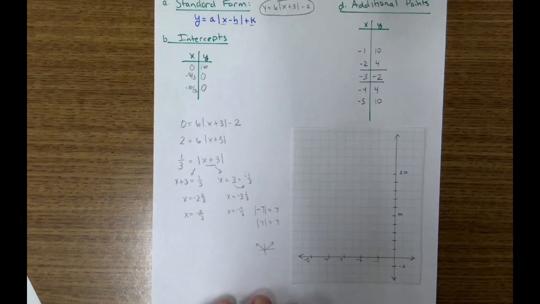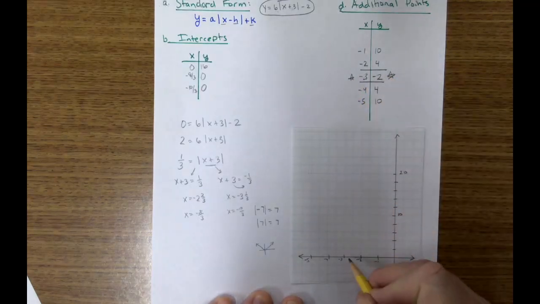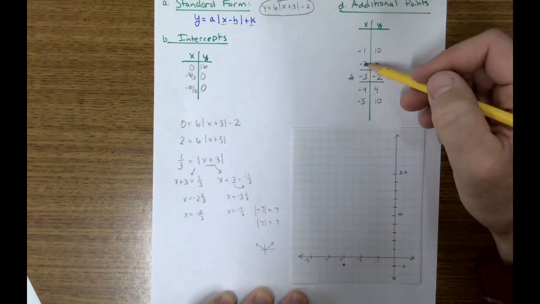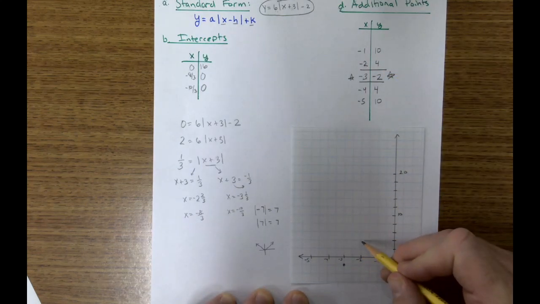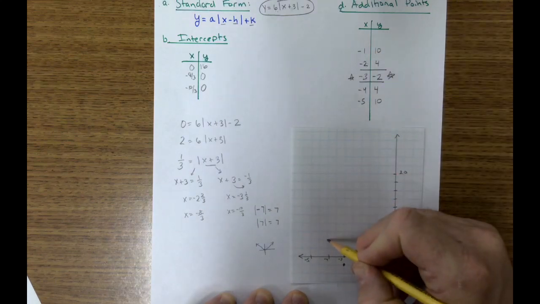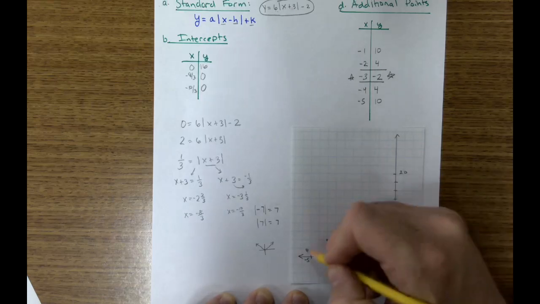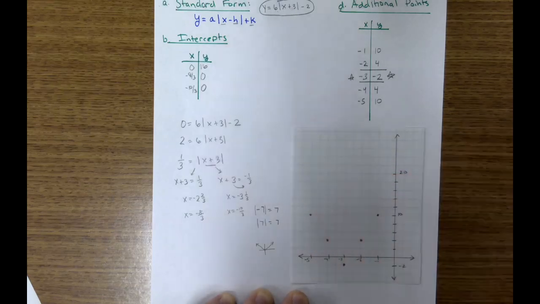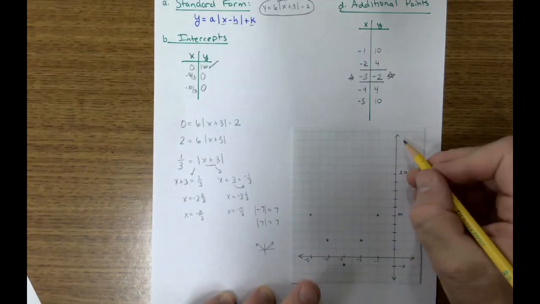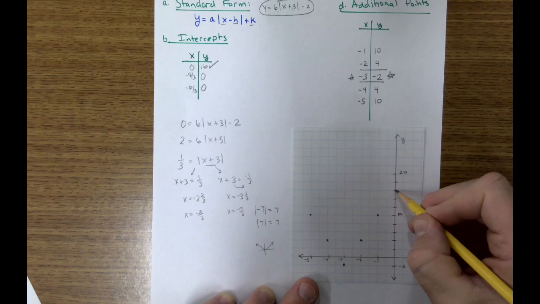So now I just have to plot these points. And it's probably easiest to start right here. Negative 3, negative 2 is there. And these are good points too. Negative 2, 4, there's a point. Negative 4, 4. How about negative 1, 10? Negative 5, 10. And might as well plot this y-intercept, 0, 16, there.